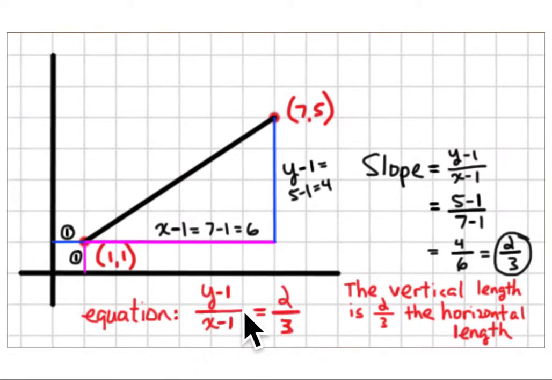So the equation is the value of y, in this case 5, minus 1, compared to the value of x minus 1, and in this case it's 2/3. It doesn't ask you to write the equation, but that's what this lesson is about, so this is good practice.